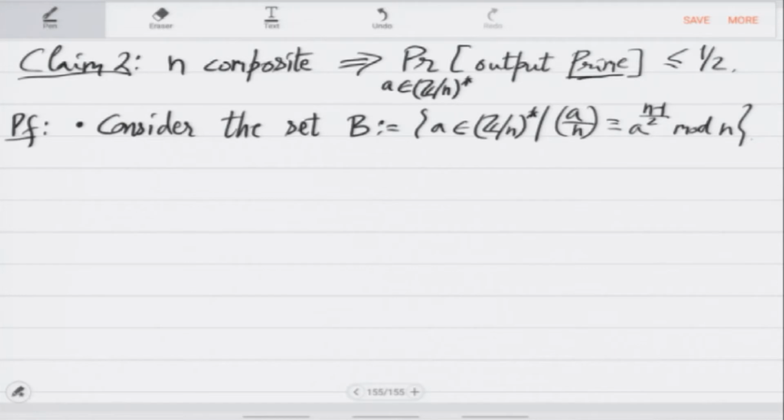Collect these a's, call this set B, the bad numbers, which are fooling the algorithm. First observation is that B is a subgroup of Zn star. It's a multiplicative subgroup. Why? Because if a is in this and a prime is in this, then their product a a prime is also in this by multiplicativity of the Jacobi symbol.